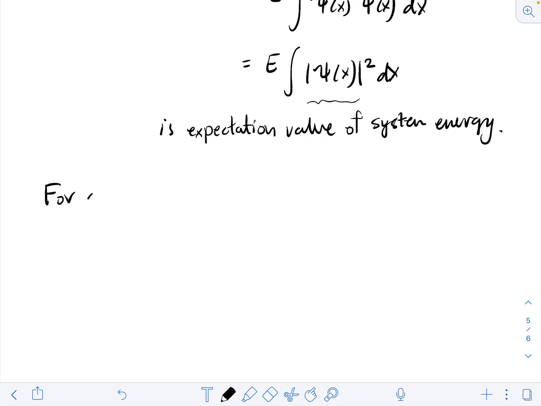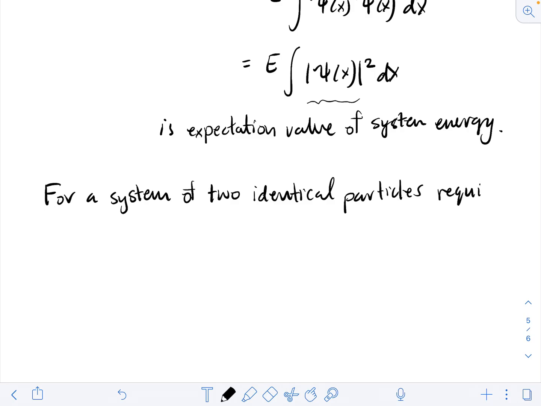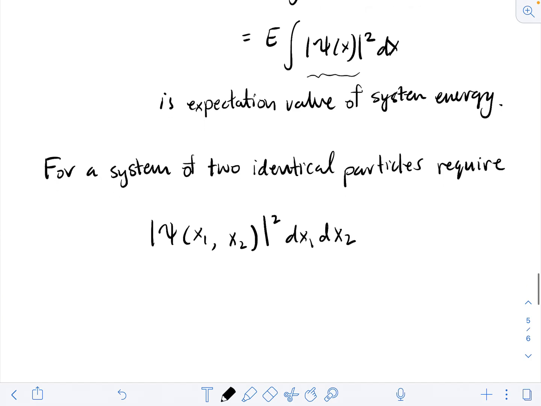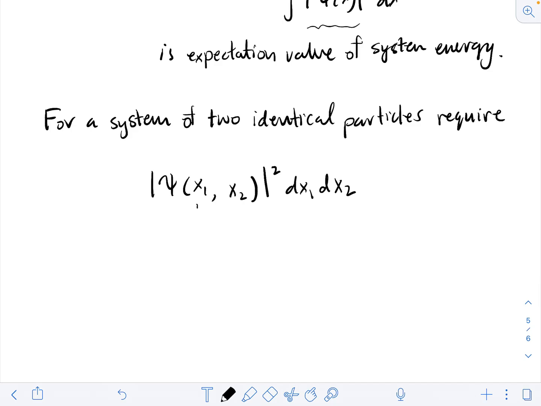Okay, so for a system of two identical particles, we argued that we are going to require that if I have the wave function for a system of two particles, and so let's define the meaning of some of this notation here.